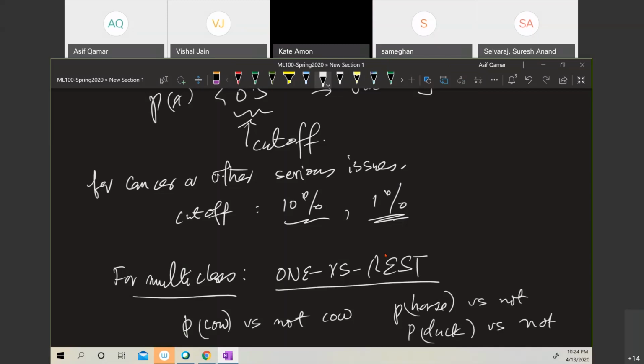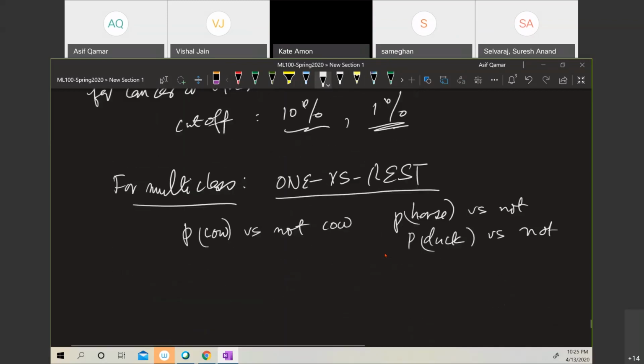Not will mean, for example, in the case of duck, it is either a horse or cow put together. Then you would compare these three probabilities, pick the highest, and find out which animal it is associated with. So that is why, when you apply logistic regression to multi-class, you have to build, in a sense, three models, or a number of classes minus 1 typically.